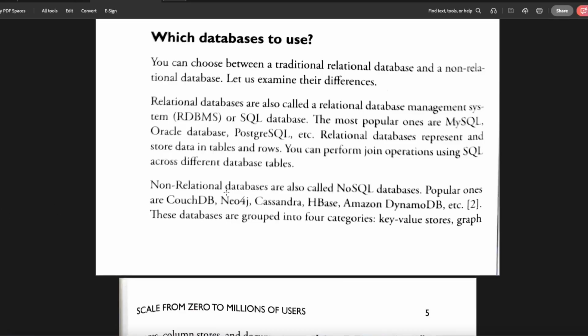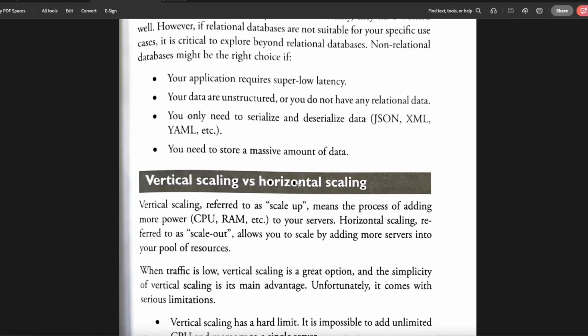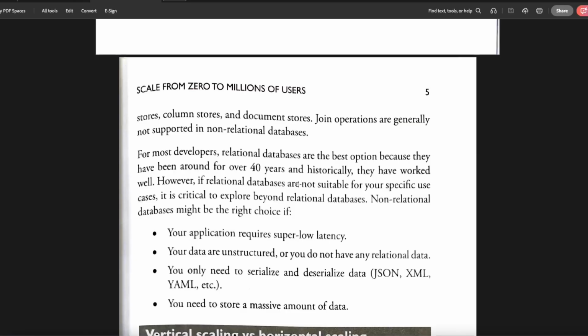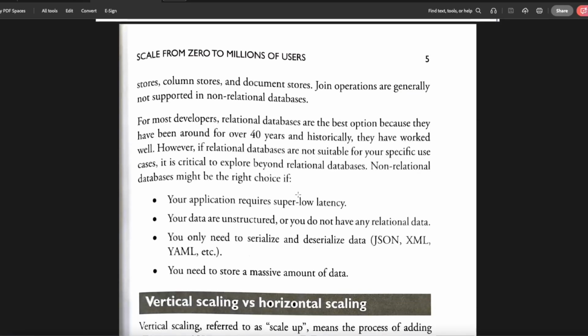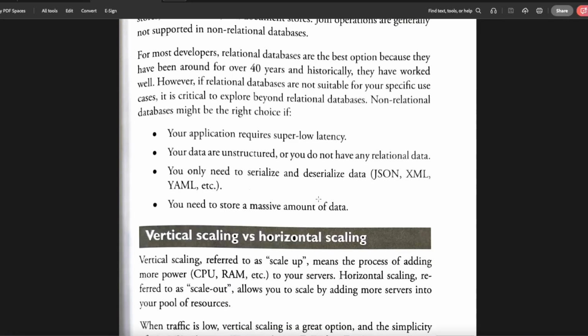They are very useful when you need to have very low latency, when your data is unstructured or semi-structured, and also when you need to store JSON or key value pairs, and also when you have to handle a massive amount of data. So choosing between SQL and NoSQL depends on the application requirement, and it is not based on the popularity.